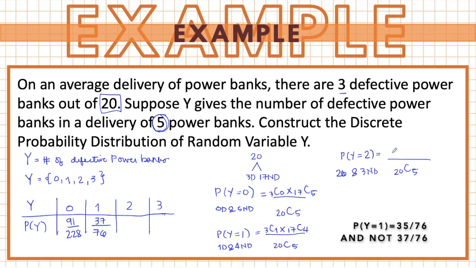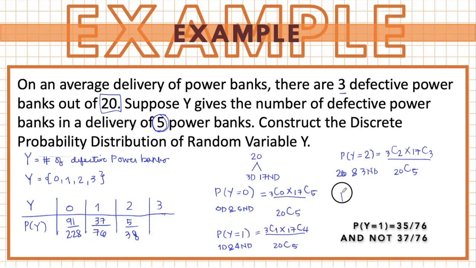Now, to solve for the number of favorable outcomes, kukuha tayo ng dalawa dito sa tatlo. So, that is 3 choose 2, times, kukuha tayo ng tatlo sa 17. So, that is 17 choose 3. Okay? So, to compute for the probability, again, use your calculator, and this will be 5 over 38. Alright. So, that will be the probability that y is equal to 2.